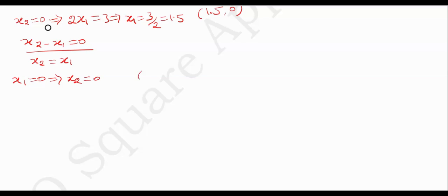So the point is (0, 0). If we give x1 is equal to 1, then we have x2 is also 1. So the point is (1, 1). Actually, these 2 points (0, 0) and (1, 1) will form a straight line which passes through the origin.